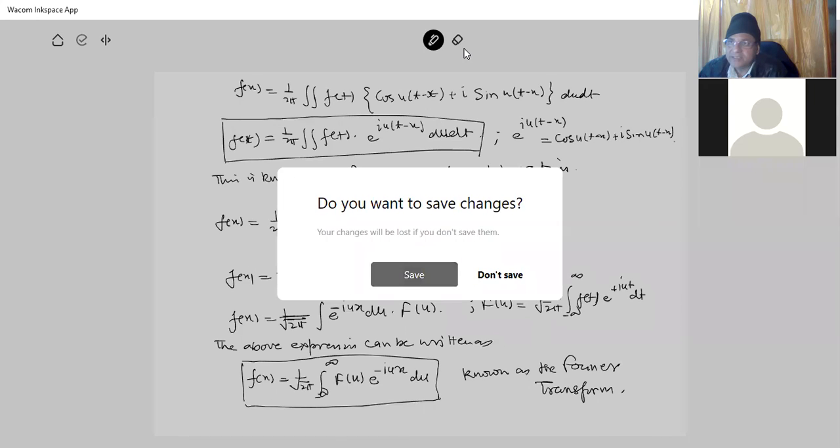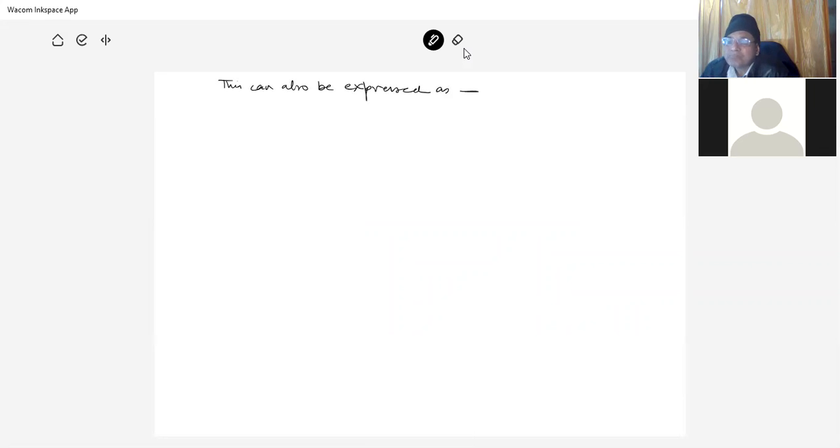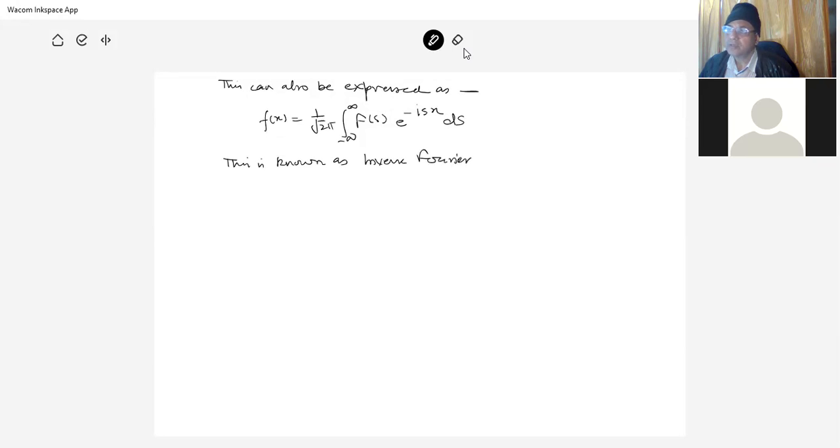And this can also be expressed as f of x is equal to 1 upon root 2 pi, integral from minus infinity to plus infinity, F of s e raised to the power isx ds, where s is the variable, and this is known as the inverse Fourier transform.